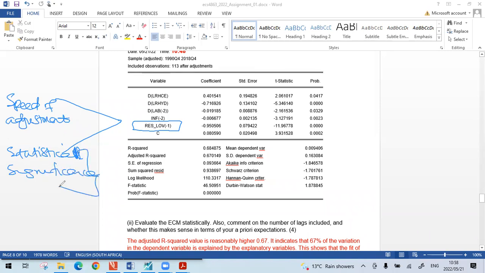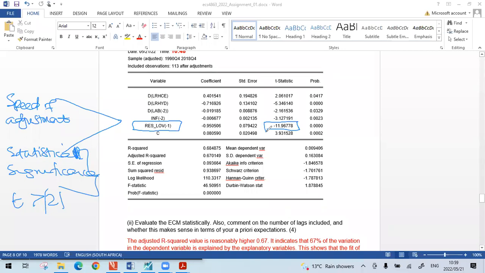How do you check the statistical significance? You look at the T, and we can see that the T here of our LOV is greater than the absolute value of 2. So this one is statistically significant. Can you see that?